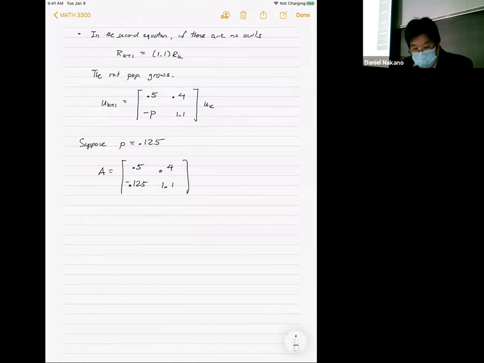Okay, so in order to solve this, we want to see if it's diagonalizable. So we would like to diagonalize A. How do we diagonalize A? What do we need to do?